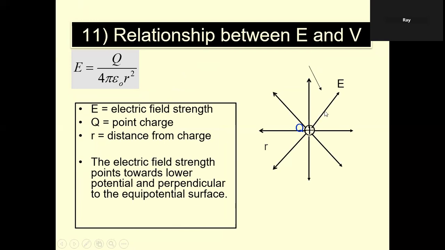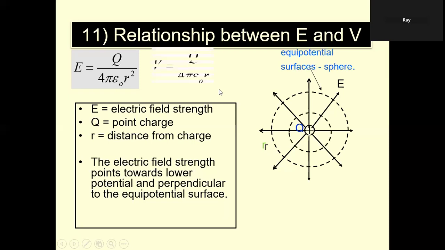As you go further and further, the potential decreases, and it is perpendicular to the equal potential surface. These are equal potential surfaces. That means the potential on this surface are all the same because they are all a distance r away. They are spheres. That's the formula for potential.